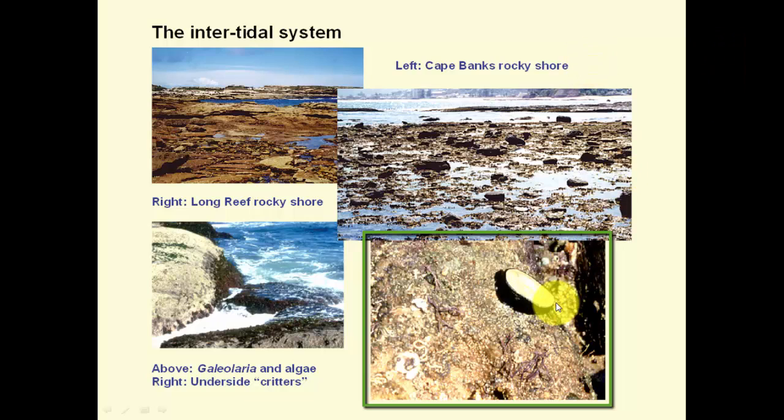This large guy here is actually a mollusk, a snail. And then much of the white material here is the shells of marine worms that live attached to the rock and filter feed. And then there's some stringy algae and sponges and other kinds of creatures.